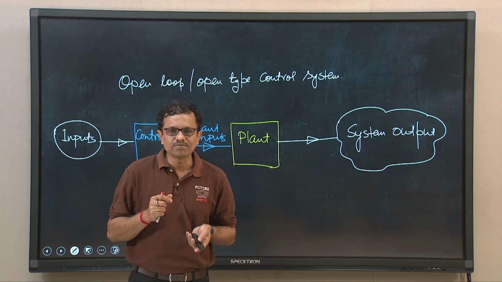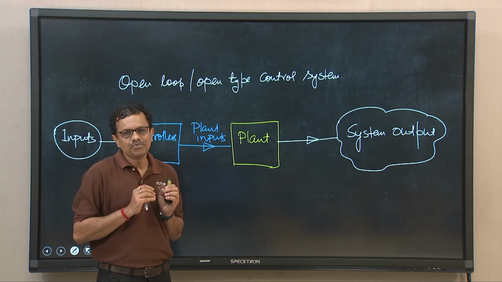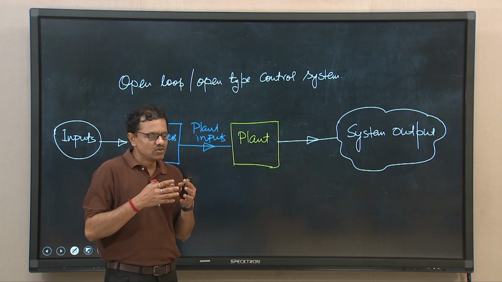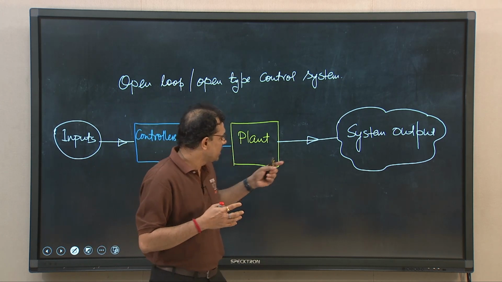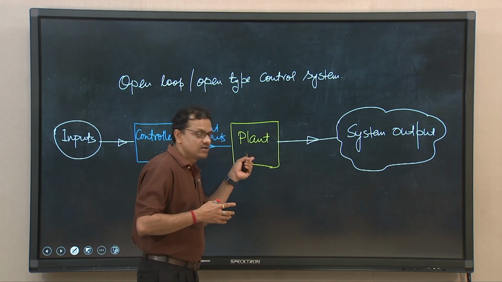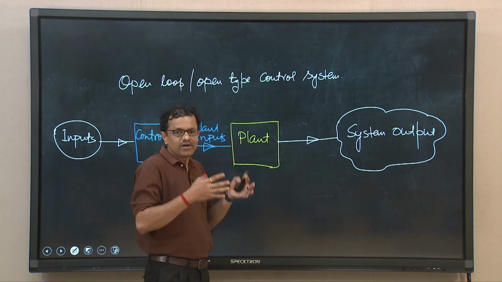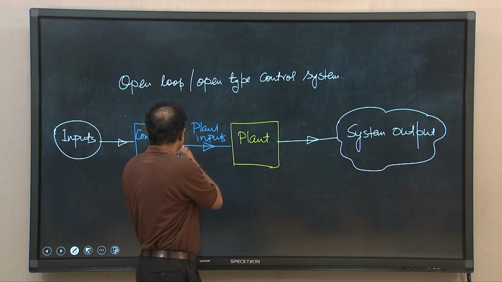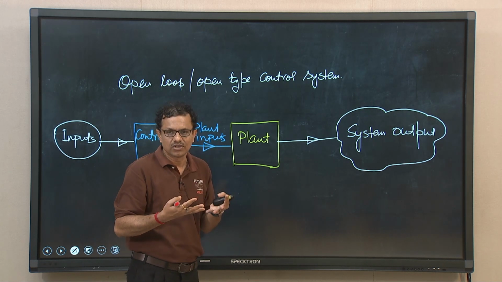But you can see this particular type of control system has one important drawback. What is that? It has no provision of receiving feedback. It will certainly give some output, because the plant is given some reference or desired output, and the plant will run receiving inputs from the controller, but essentially the output should be that desired output, right.